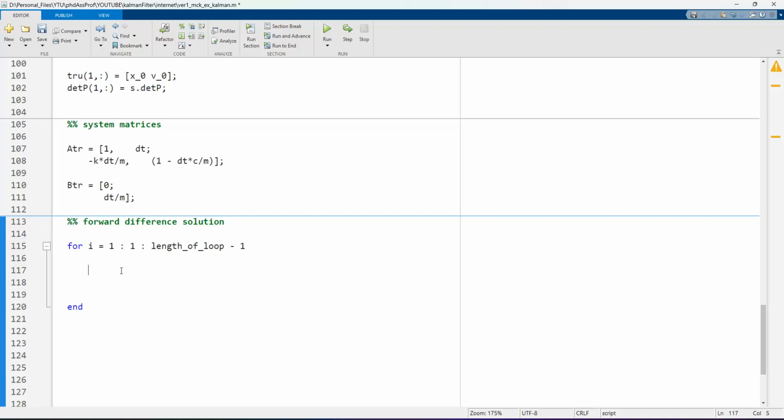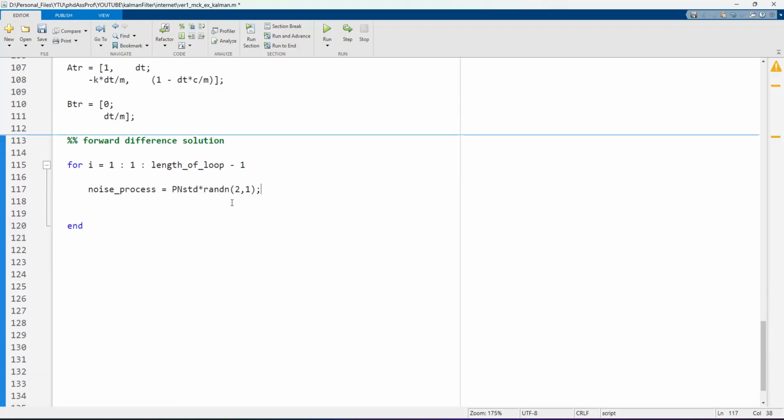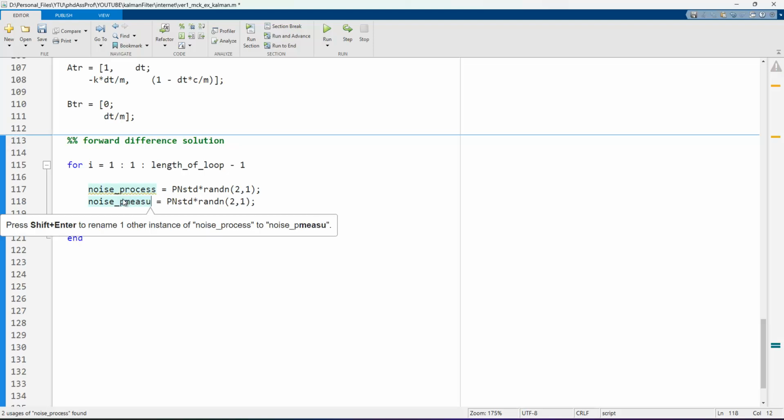Okay, and so first of all, at each step the process noise should be defined, Pn std times randn of 2, 1. Okay, so at each step we create different noises, and also the measurement noise.